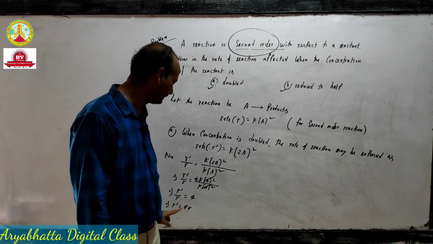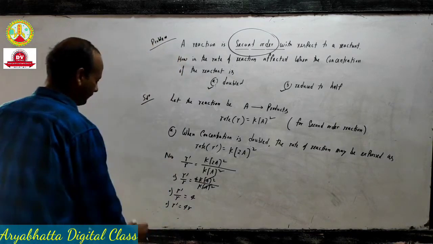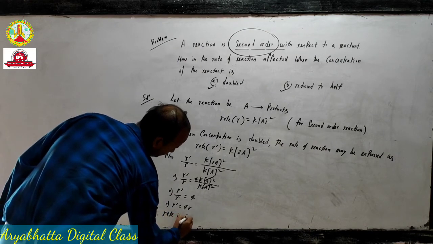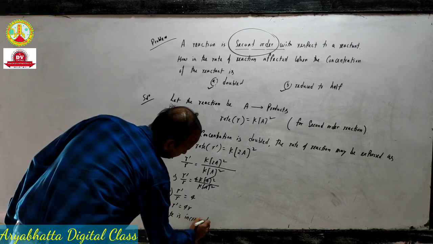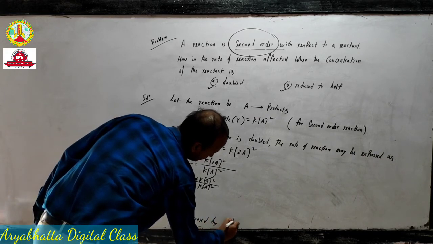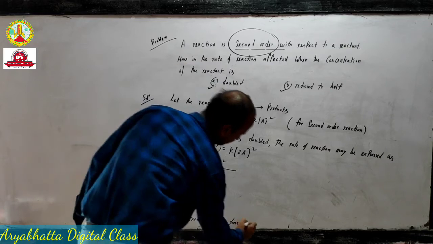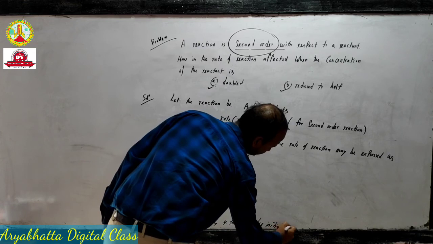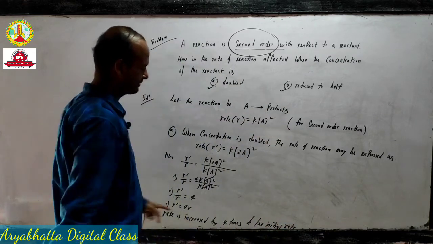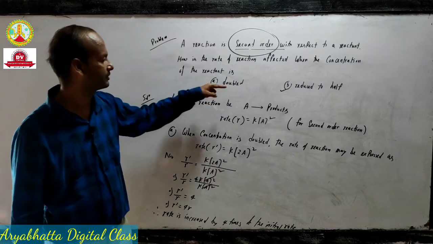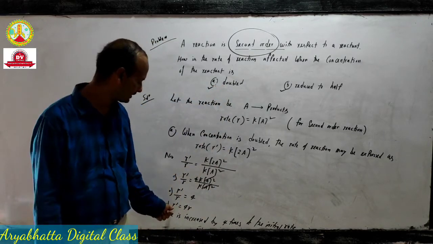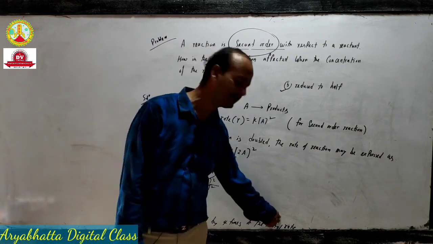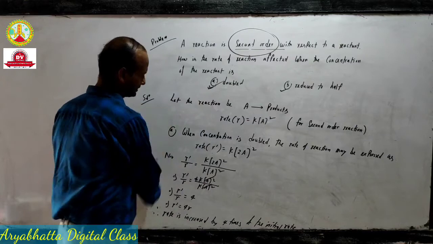The new rate is increased by 4 times. Therefore the rate is increased by 4 times of the initial rate. Means when the concentration of the reactant is doubled, the new rate becomes 4 times, increase हो जाता है. This is the first part.